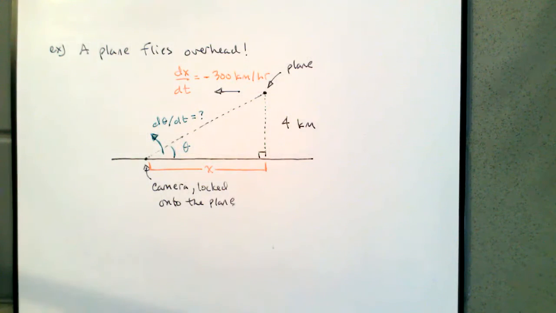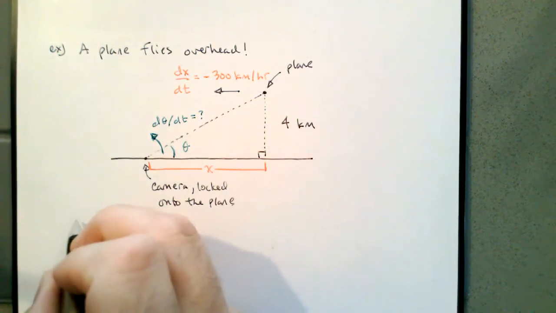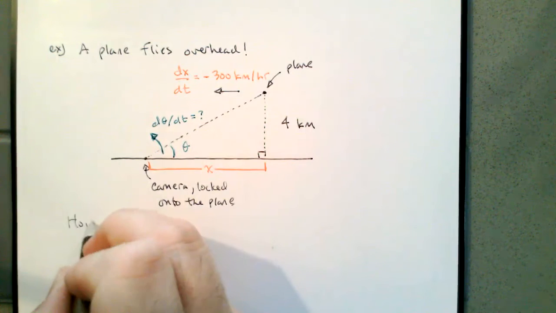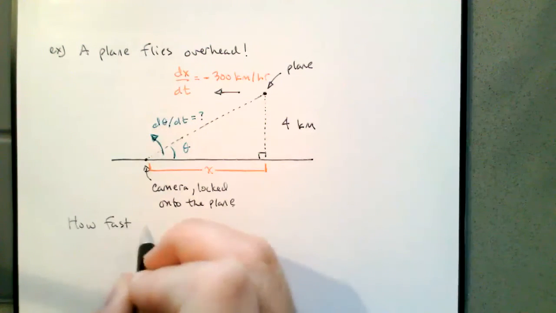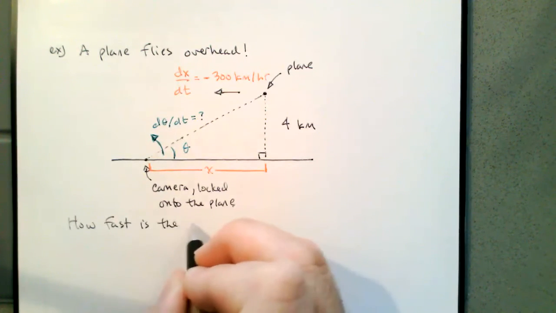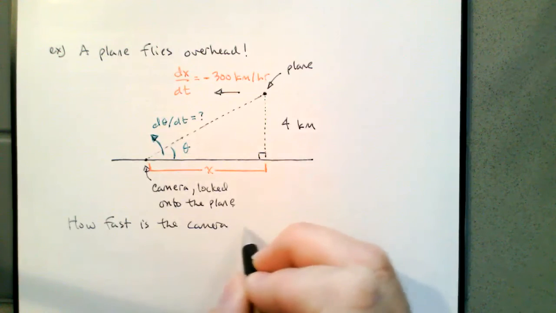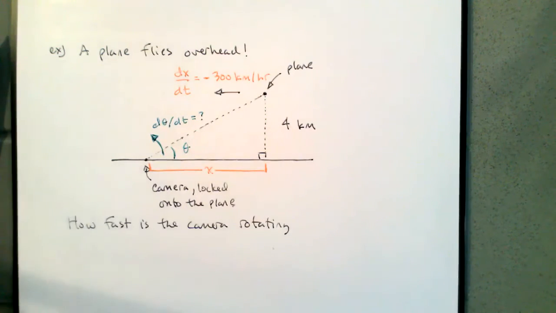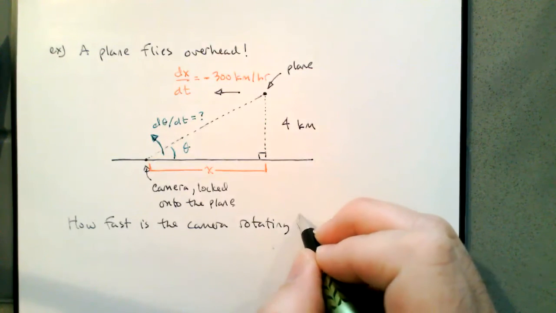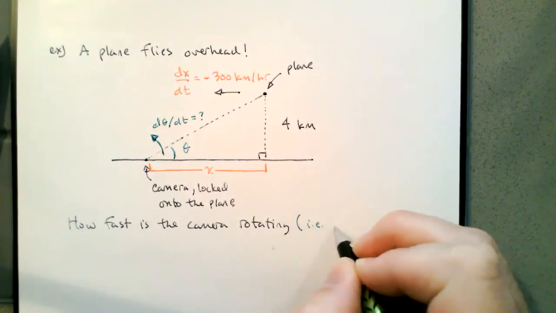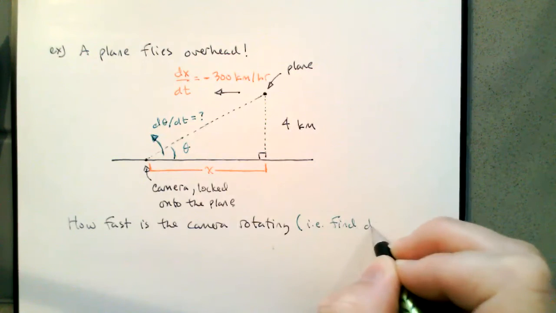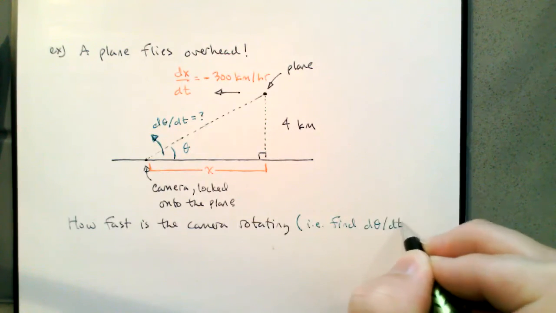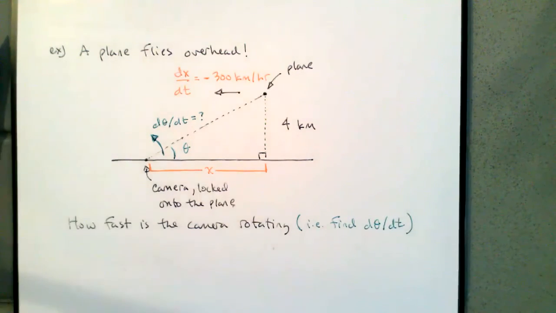So we might see something like, how fast is the camera rotating, that is, what is d theta/dt? And then we have to pick some point in time.